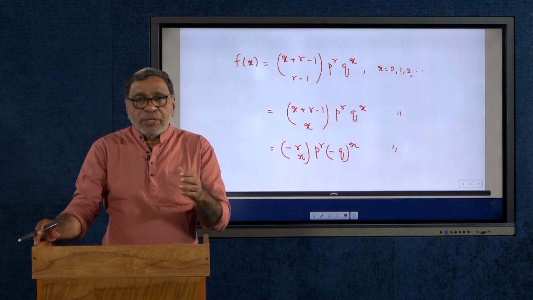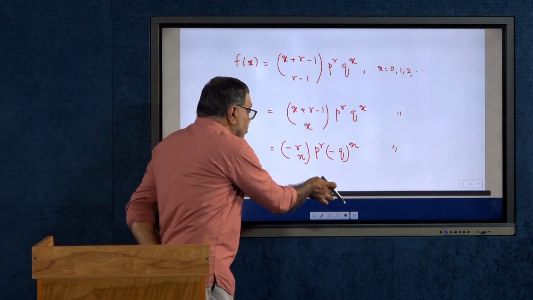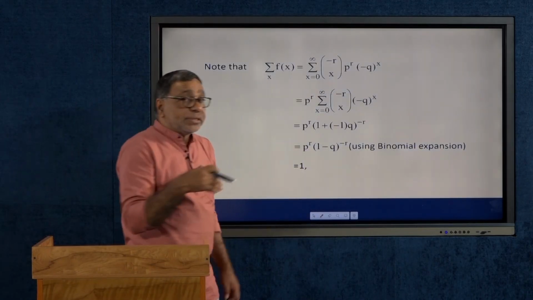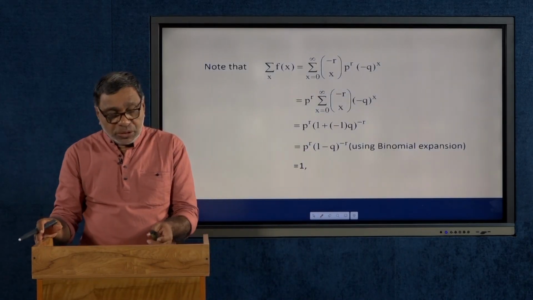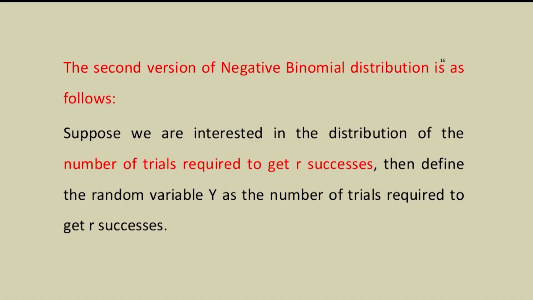Before concluding, this negative binomial distribution can be represented in another form also, that is the second version of the negative binomial distribution. Suppose we are interested in the distribution of the number of trials required instead of the number of failures.